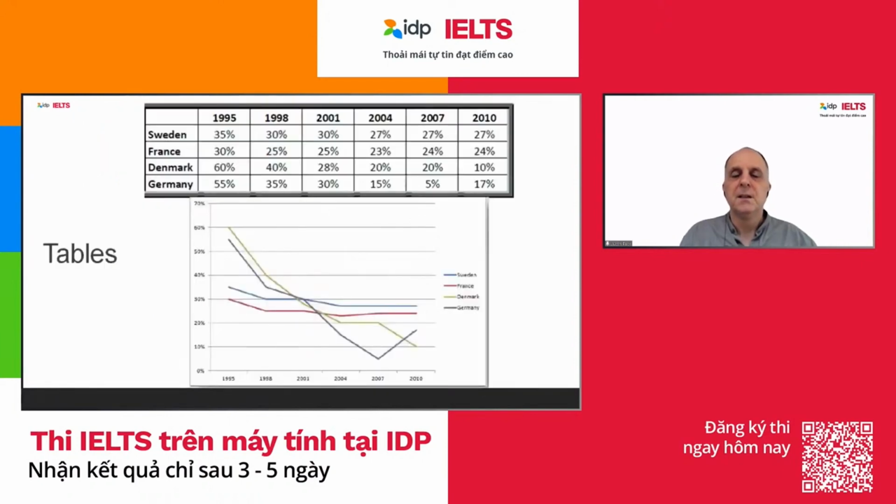Excellent. Okay, so when we look at the tables, remember that some of these tables, okay, this table is very simple, is exactly the same as this line graph. Okay, so we approach it in the same way. So seeing about how it is over time.